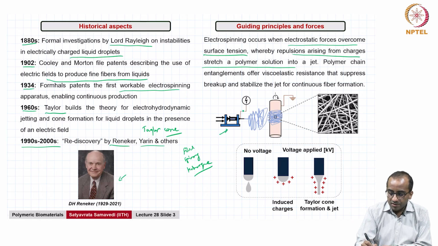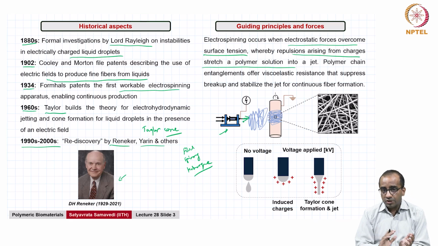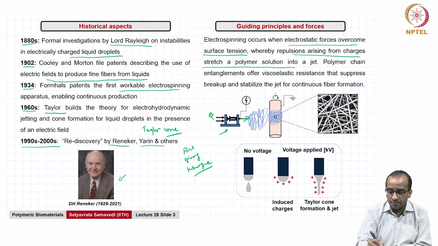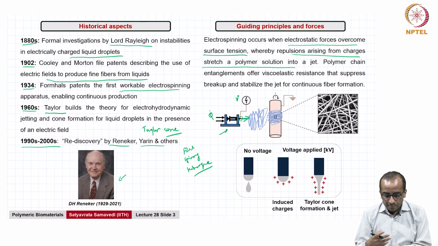So what you have here is a spinneret through which a polymer solution is flowing at a constant flow rate. It's pumped at a constant flow rate, and at the tip of this needle, which is typically a metal needle, a very high electric potential is applied, of the order of thousands of volts, 10-15 kilovolts if you will.